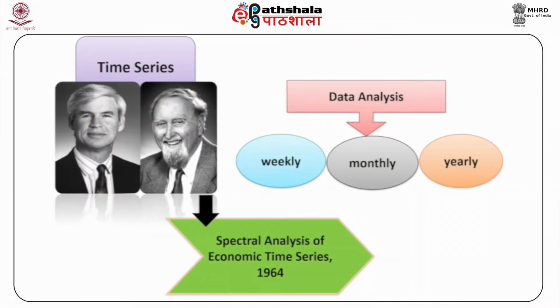The concept of time series was introduced by Engle and Granger. Granger introduced the topic in 1964 in his book, namely Spectral Analysis of Economic Time Series. It is concerned with the analysis of data which is collected over a period of time which may vary from a week to month to years.